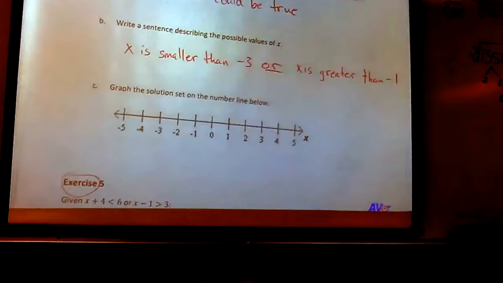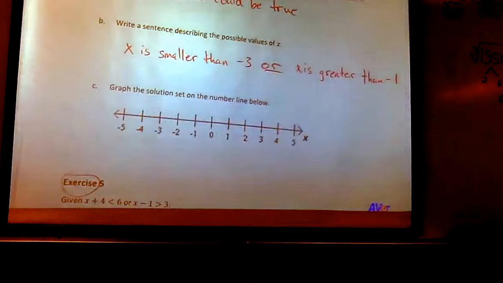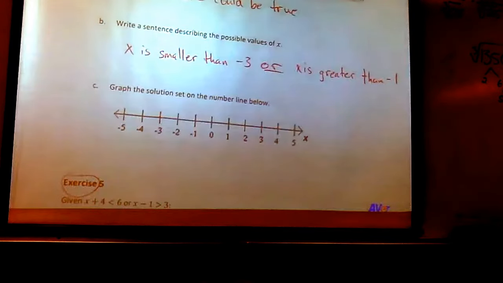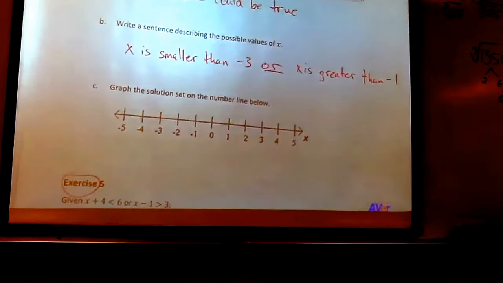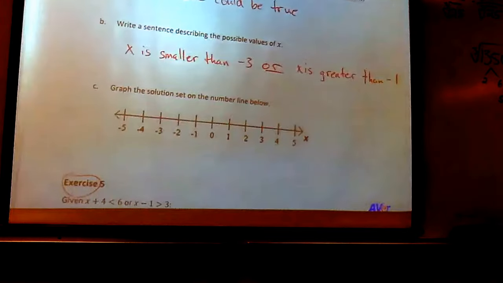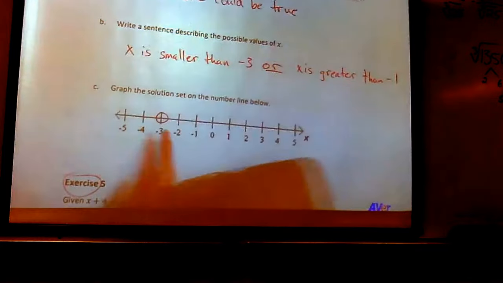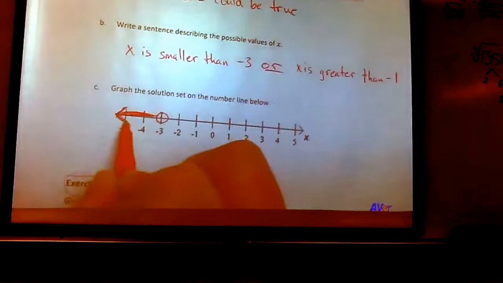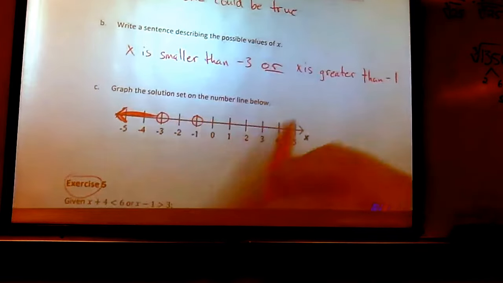How do we put that on the number line? We're going opposite ways. So you put an open circle on negative 3, and it goes this way. Put an open circle on negative 1, and it's going this way.